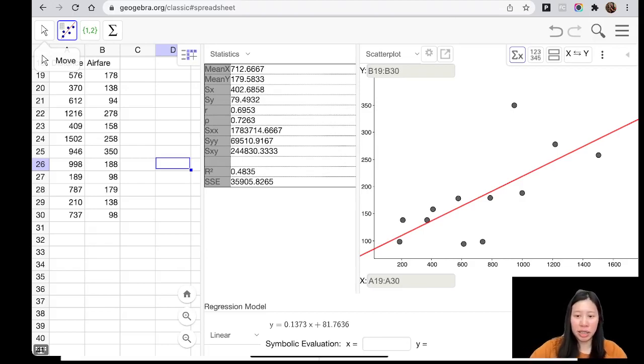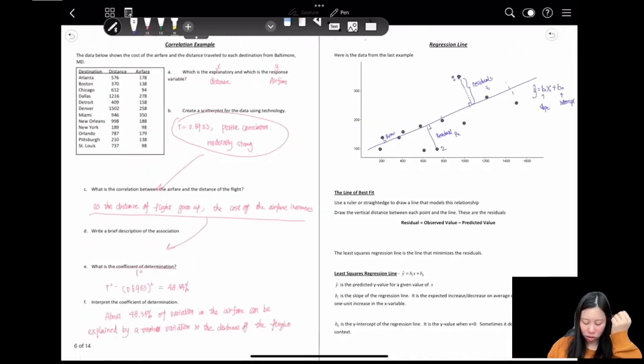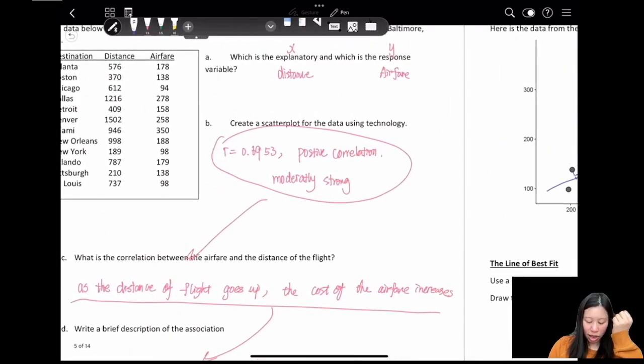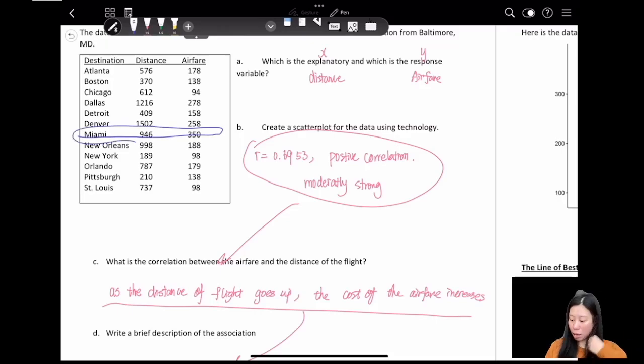So let's say this is how many miles? Maybe approximately 900 miles with 300. So let's look at our chart. From our chart, which one has a distance of 900 and a cost of approximately 300? So which is our Miami, the trip to Miami. So this has the biggest residual.